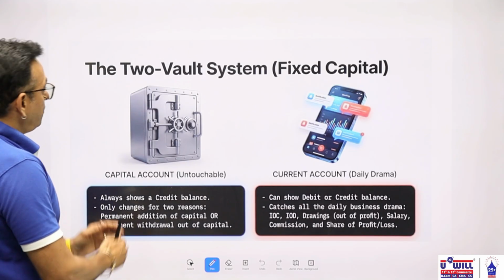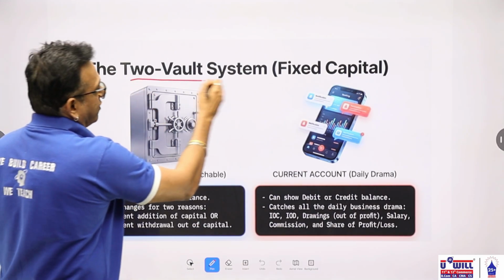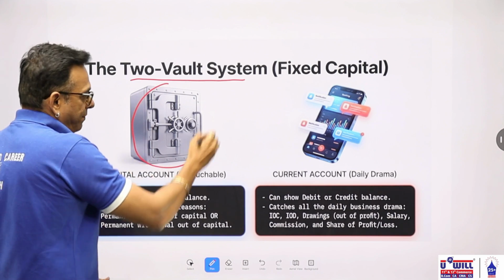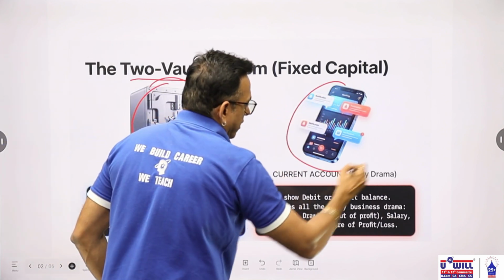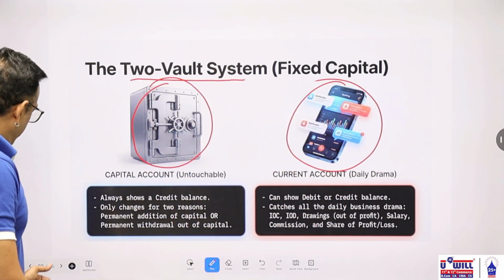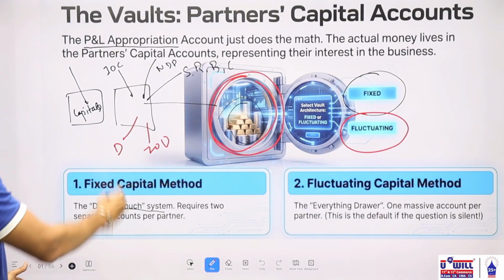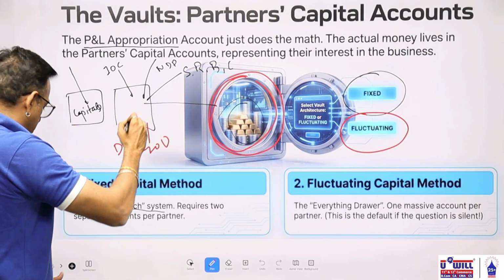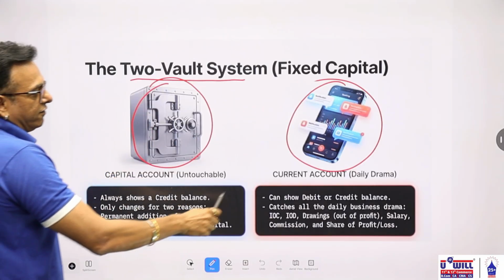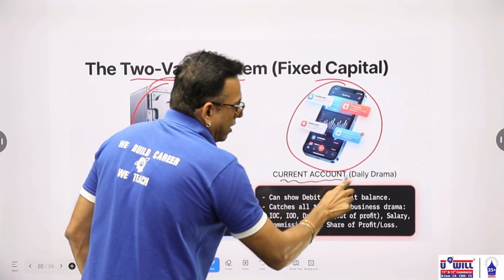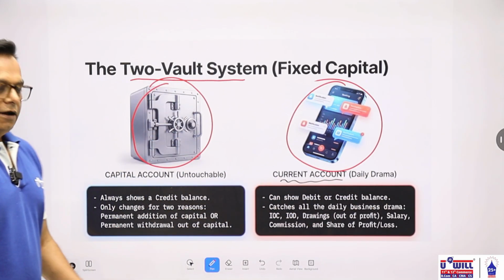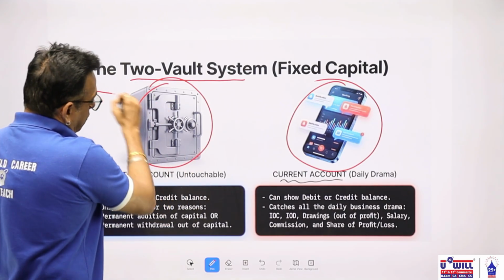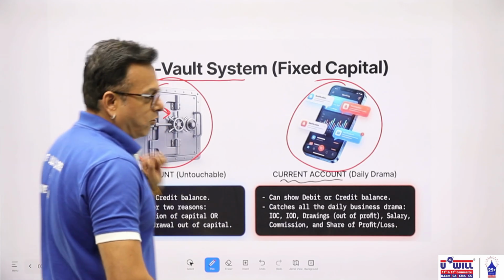Now, the two vault system, the fixed capital. Now you can see this is the capital account and this is the current account. So as discussed in the previous slide, this is the capital account and everything goes over here. So this one is our current account, daily drama. Now, what are the characteristics? Only the amount brought in as a capital will be stored in this vault.